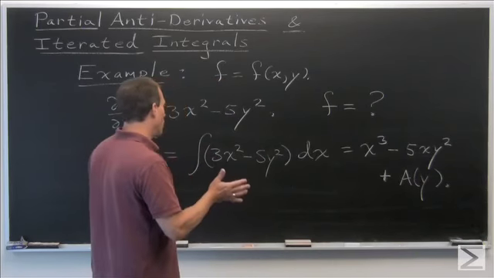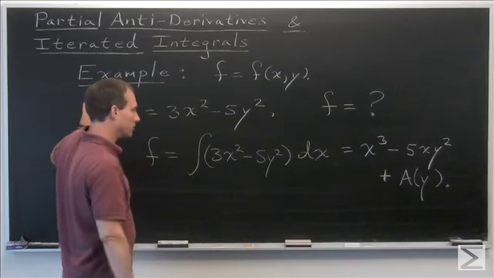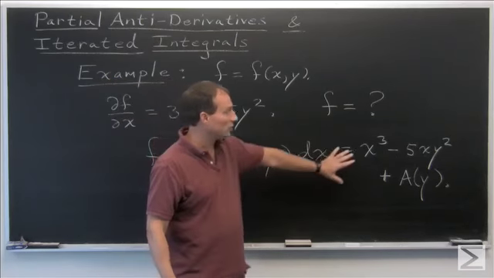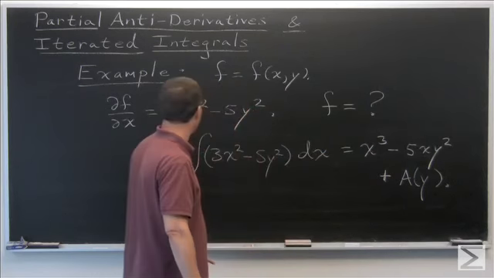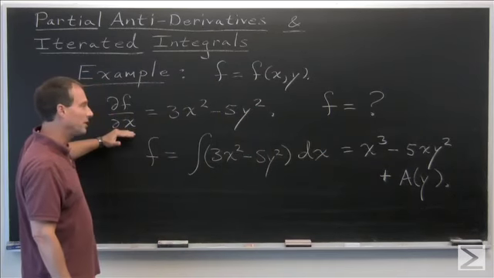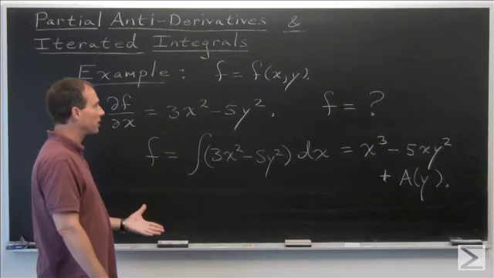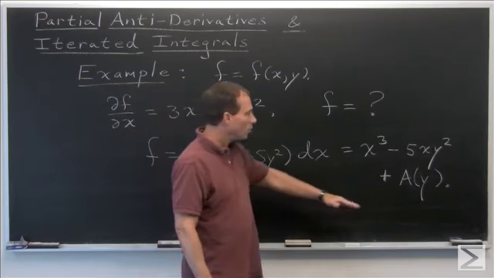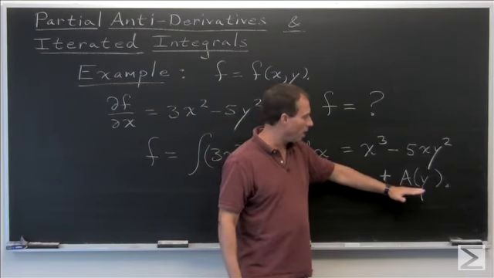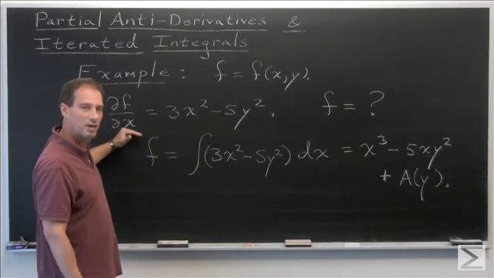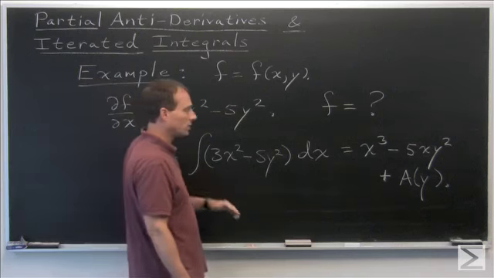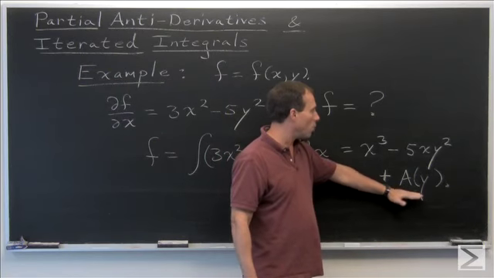Or you could think, we're undoing partial differentiation, and we want to put the most general thing here that you could possibly have for f, whose partial derivative would be 3x squared minus 5y squared. Well, if you add any arbitrary function of y here, the partial derivative with respect to x will make that part 0, and of course, any function of y here won't matter.